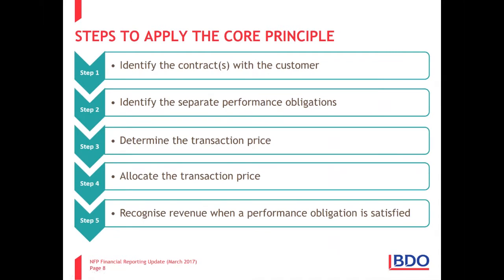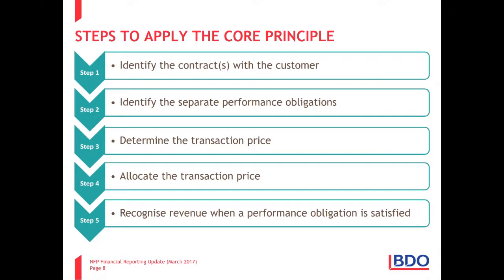Now, how would we apply that core principle? There are 5 steps. Therefore, going forward for our clients, we would expect to see an accounting policy that would have the core principle, that would have the 5 steps, and how we've applied these 5 steps to each and every revenue stream. So for not-for-profits, you could have different revenue streams.